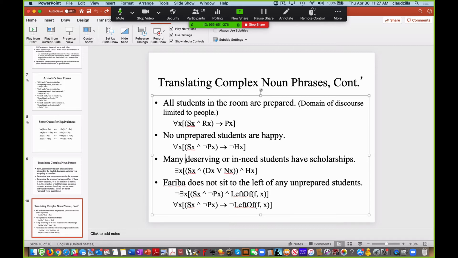So long as the sentence says at least one, but it doesn't assert every single one. In other words, the class that's covered by the quantifier is not exhausted, then that's going to be an existential. So many is a whole bunch, but it's not the entirety of the deserving or in-need students. That makes sense. Thank you. You good? Yeah? Okay. Excellent.